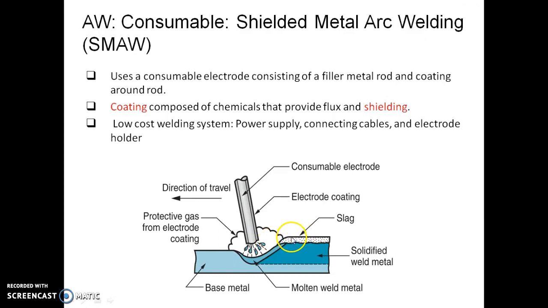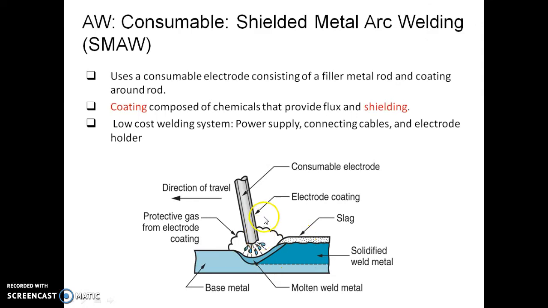Due to the slag, the cooling rate is slower because there is no direct contact with air, and the welded material will be stronger because the cooling process is slower and the grain growth is finer. The finer the grain size, the stronger the material.